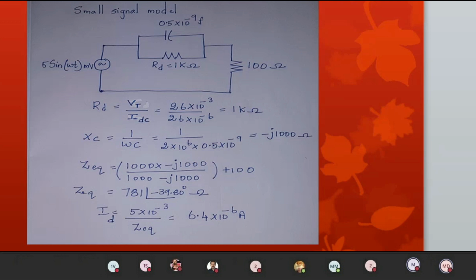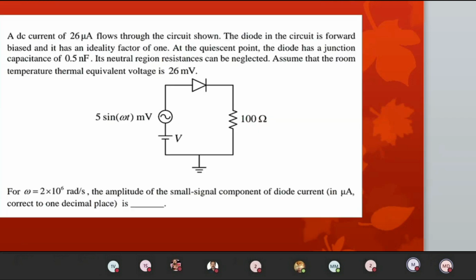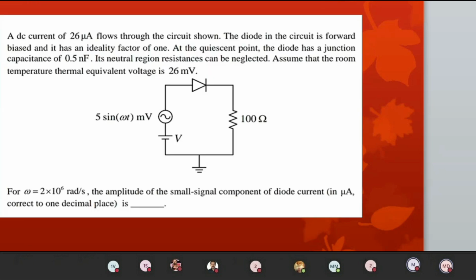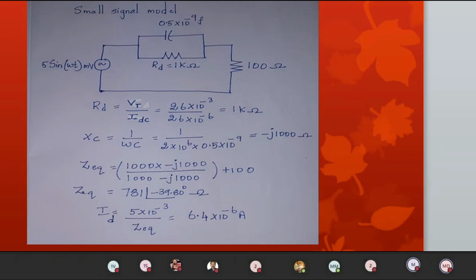So the equivalent impedance is 781 minus j39.80. Now what is the diode current? In the question, the amplitude of the small signal component of diode current ID is equal to V, where V is 5 sine omega t millivolts. So 5 into 10 power minus 3 divided by Z equivalent gives 6.4 microamps. He's asking for 1 decimal place in microamps. So it is 6.4 microamps.